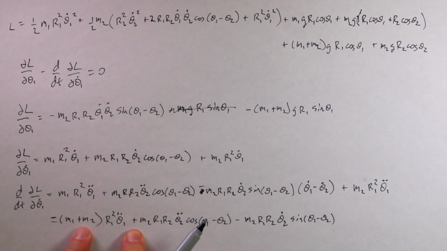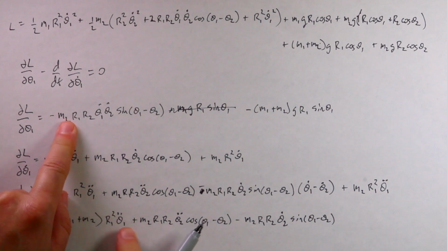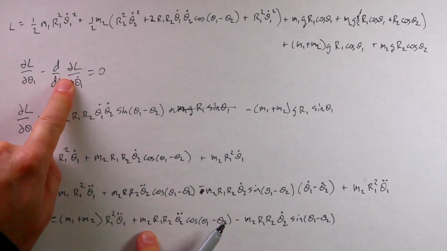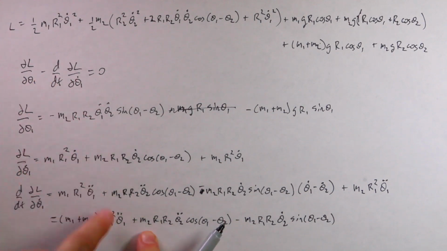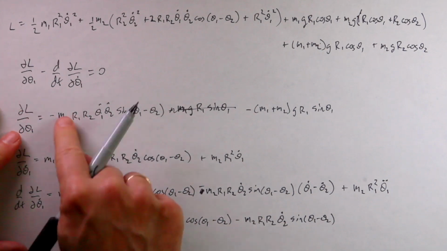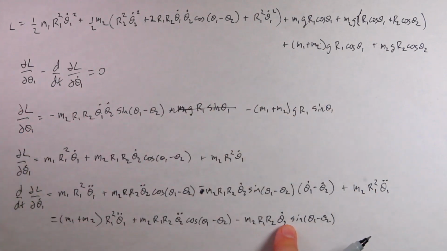Okay, but here is this term. That's the d/dt of the partial of L with respect to theta 1 dot. And then I have this. And so this minus that is equal to 0, so this has to be equal to that. So I'm going to set this whole thing equal to this whole thing.